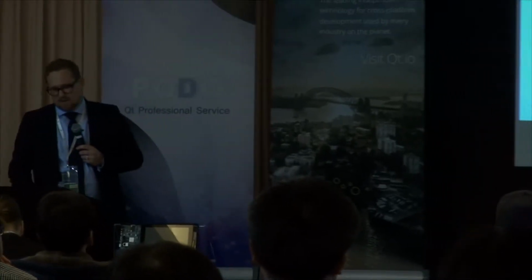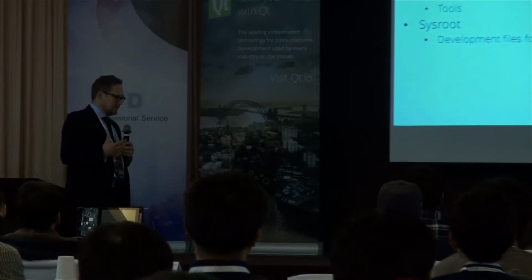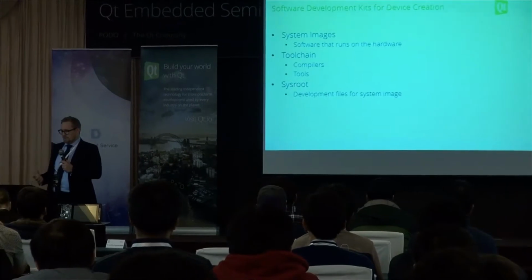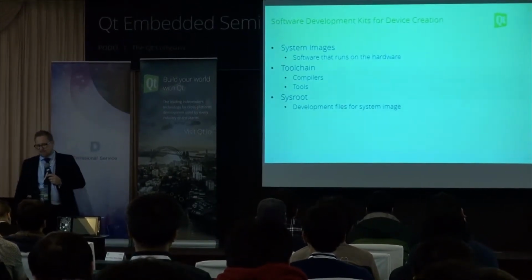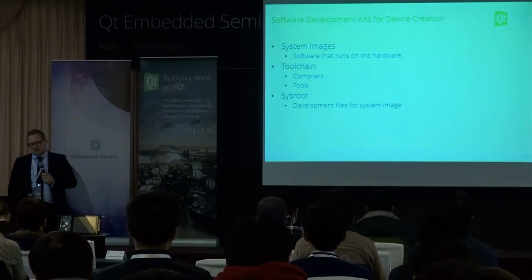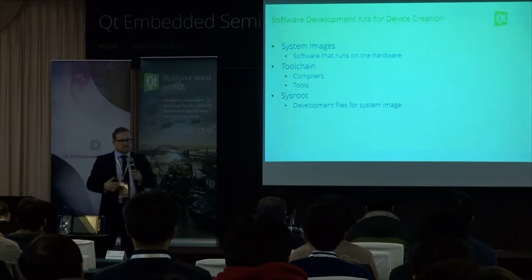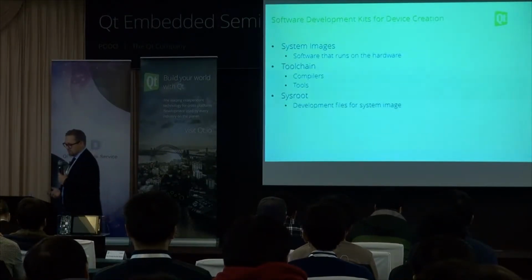Okay, so let's just start to look at the basics of any embedded software development project. You need to have a development kit, an SDK, and that typically consists of your system images. That's the actual software that runs on the hardware.